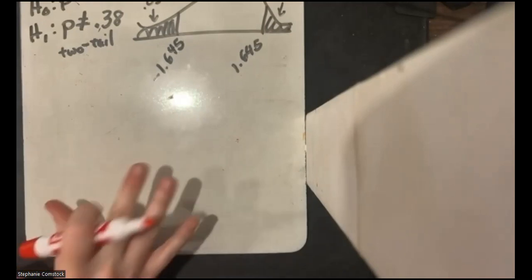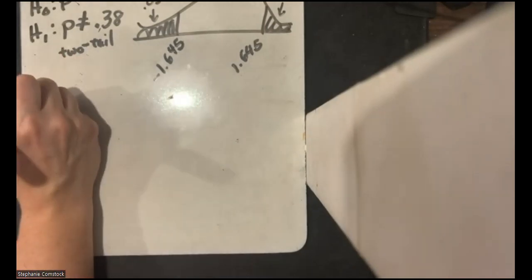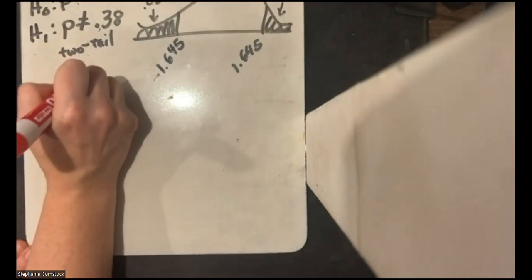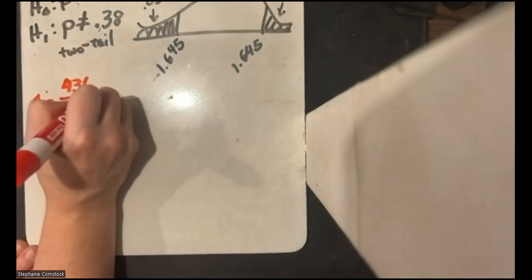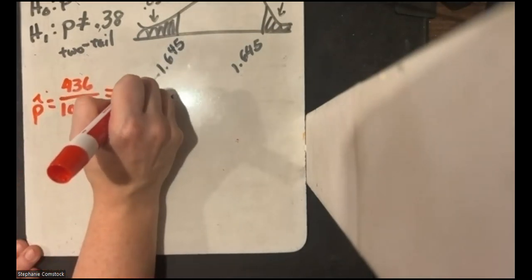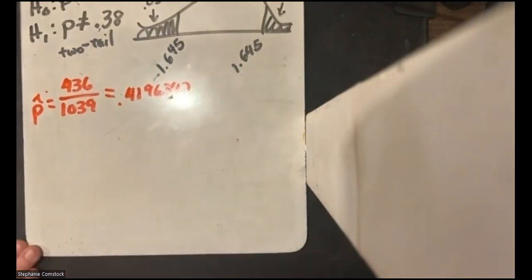So now we're going to do our math. We have P hat, that's going to be 436 out of 1,039, and that is going to be 0.4196342.